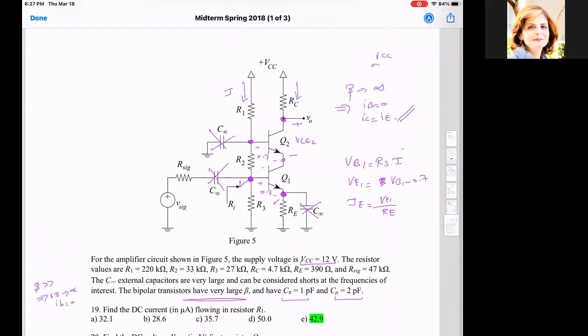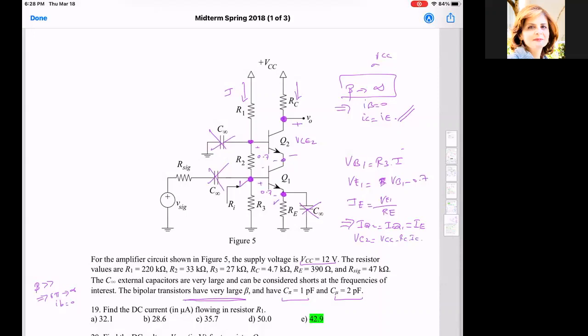So I can find VC2, right? Since I have IC, IQ2 equals IQ1 because beta is infinity and it is equal to IE. So I can find VC2, which is VCC minus RC times IC.